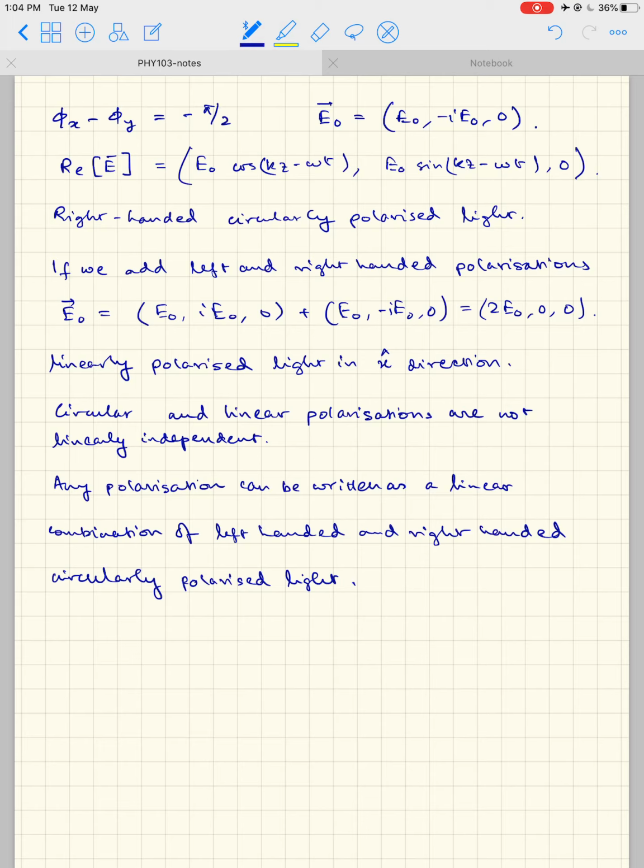Light cannot have arbitrarily small intensity. The smallest intensity of light can be a single photon. So this must mean that the photon itself is polarized, and a single circularly polarized photon has some amount of angular momentum.